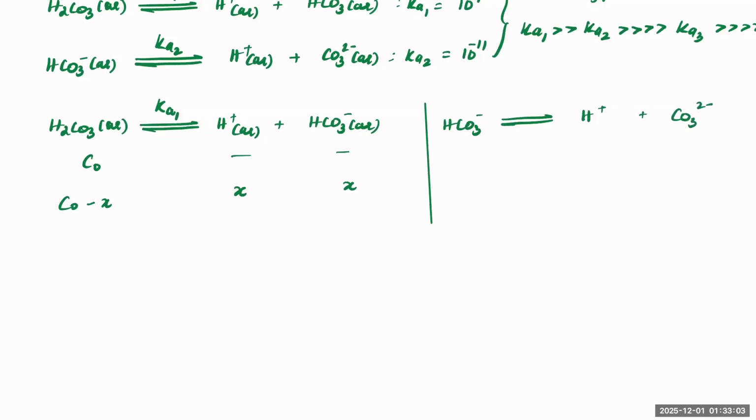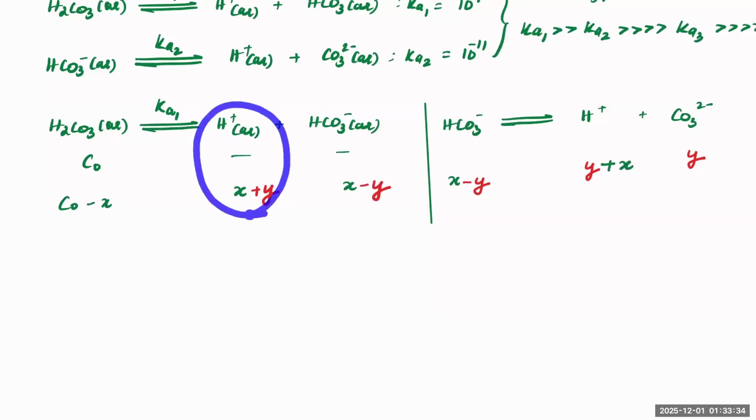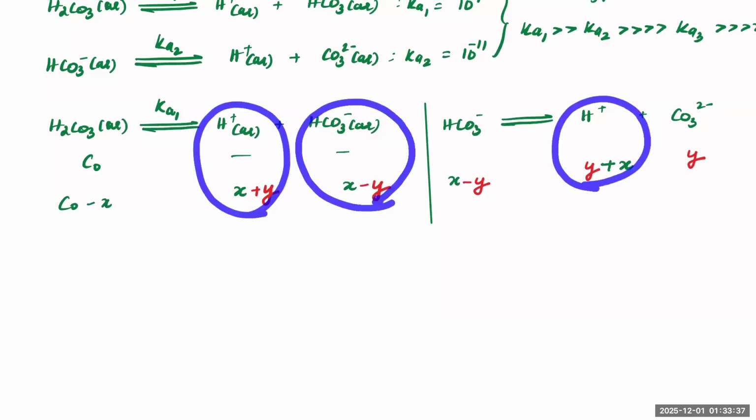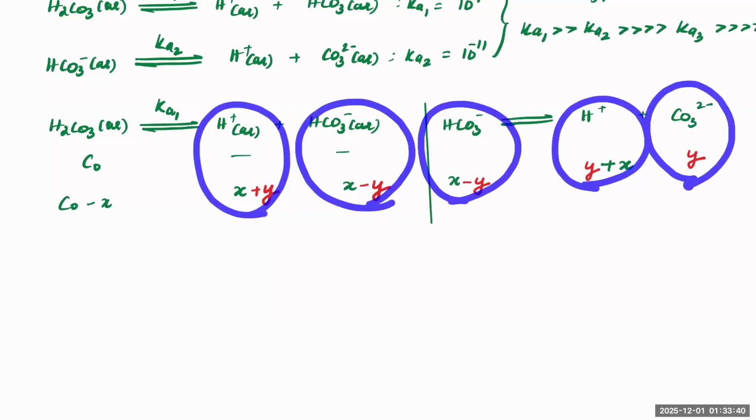So here we have X amount, out of which Y amount is lost to get Y amount and Y amount. But since H plus is already present, the total amount of H plus is X plus Y. And HCO3 minus, whether you read it in the first equation or the second equation, has to be X minus Y. And here also the same logic: H plus was already present, so that is X plus Y. So these are the concentration terms of H plus, HCO3 minus, and CO3 2 minus.